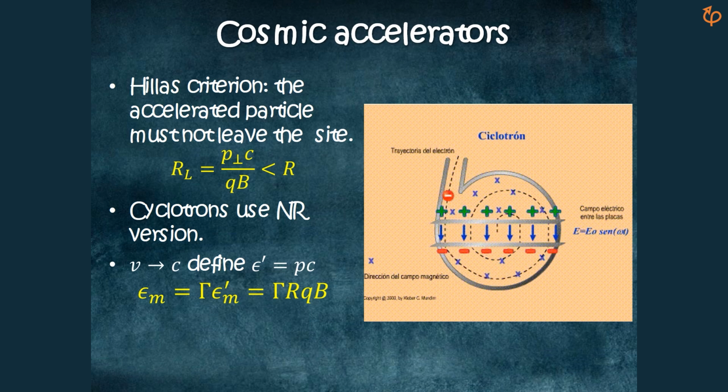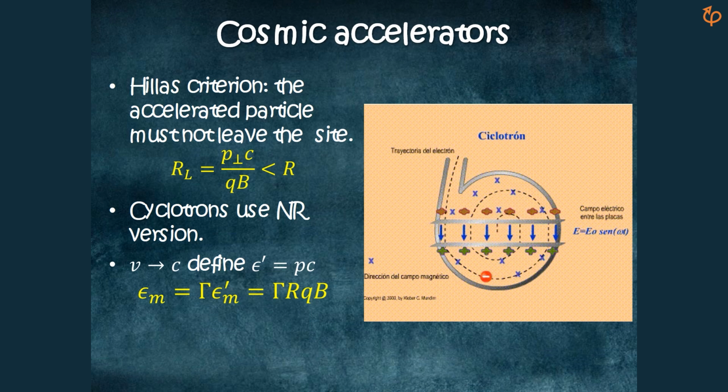Now, unlike within these cyclotrons, within relativistic jets this whole thing is going to be moving at a velocity which is very close to the speed of light. Okay, so in this case, the particles will also have velocities that are very close to the speed of light.